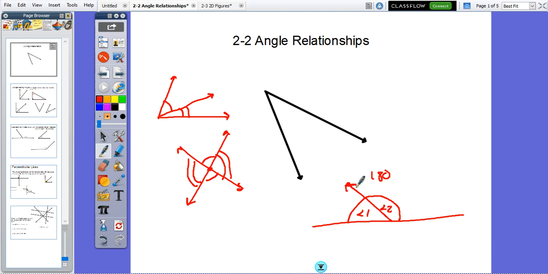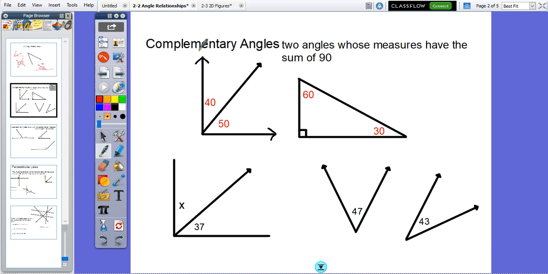So we're going to speak on some more special relationships happening here. The first one is complementary angles. Complementary angles are two angles whose sum equals 90 degrees. Now, they can be adjacent angles like this one, or they can be in a triangle. The sum of a triangle equals 180.